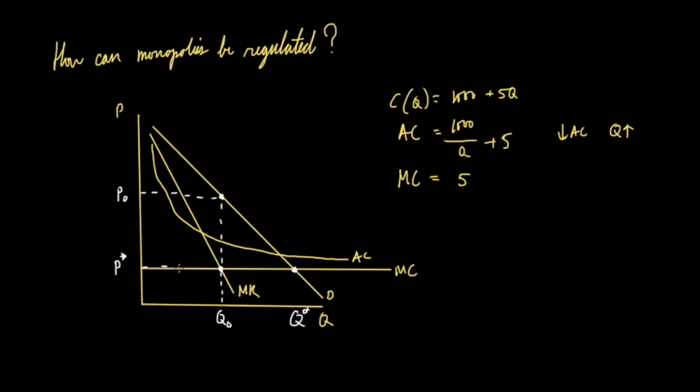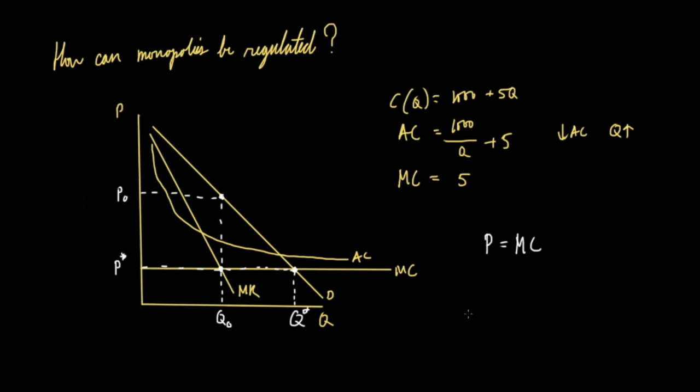So right here, we draw a dotted line along the marginal cost curve here, and we have this quantity right here. So one of the regulations that the government can impose on this monopolist is for it to charge a much lower price where P is equal to MC, to ensure the socially optimal price and the socially optimal quantity.